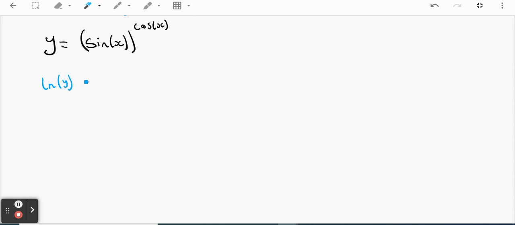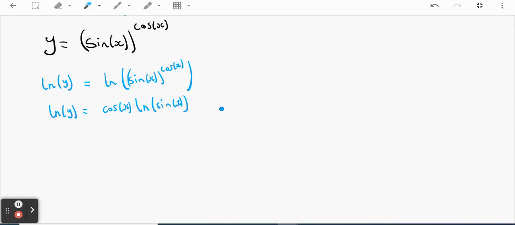So ln of y equals ln of sine x to the power of cos x. And then again, using the log law, we get ln of y equals cos x times ln of sine x.